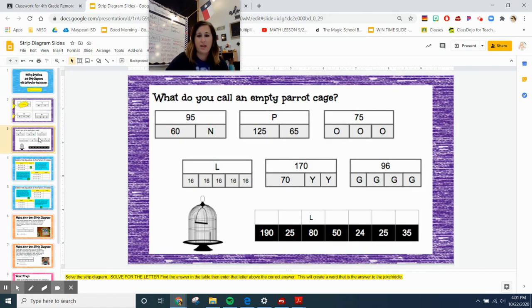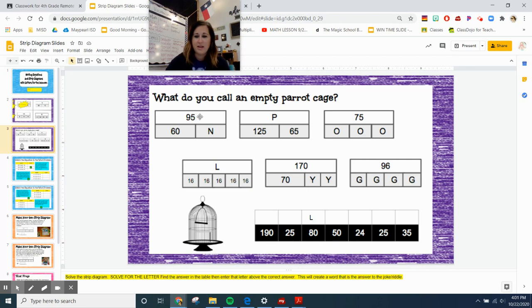On slide 3, what you are doing is finding the missing part, okay? Here we have 95 total and 60 as a part. So in order to find the missing part, we would have to do 95 minus 60. You may need some scratch paper for this, and if you use scratch paper, again, make sure you always attach the scratch paper to the work.